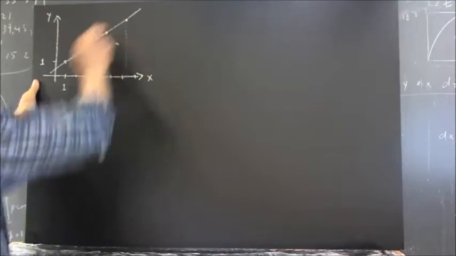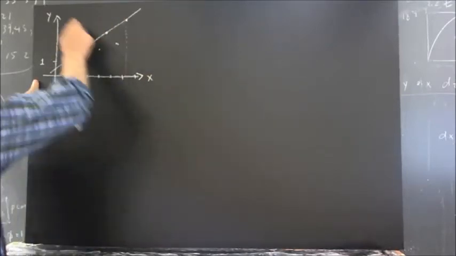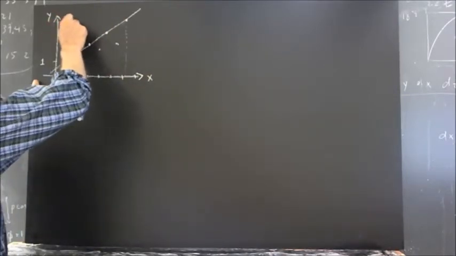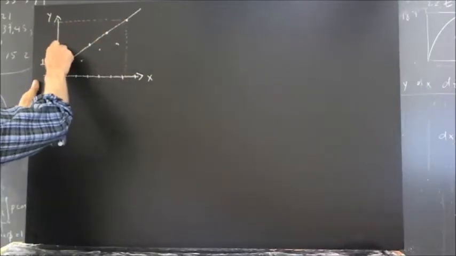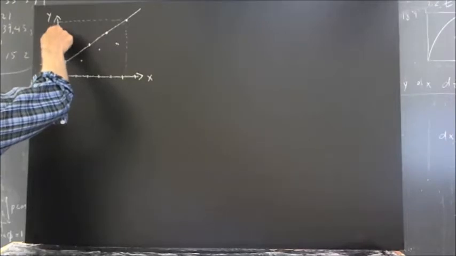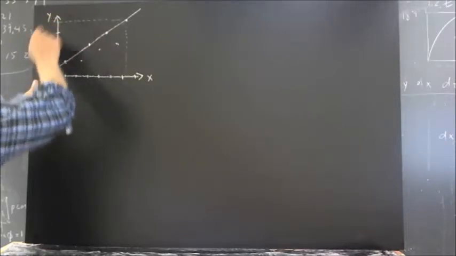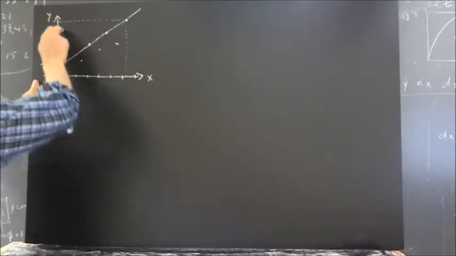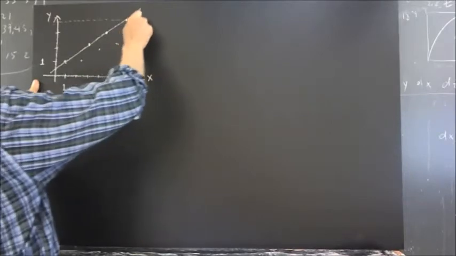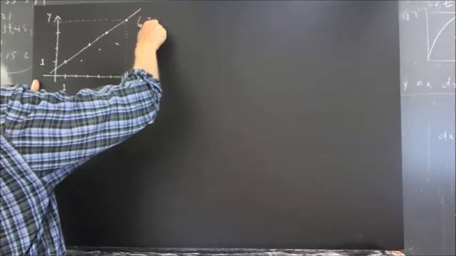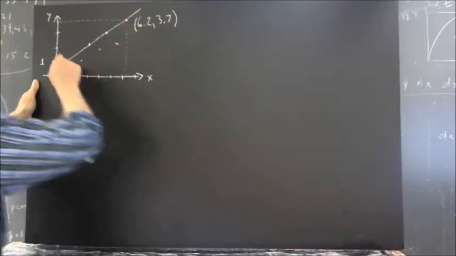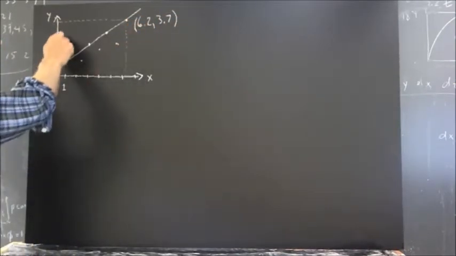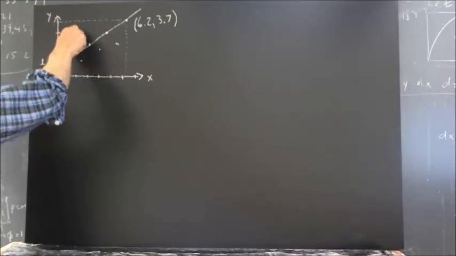It looks like this is about 6.2, and over here, if that's 1, then here's 2, here's 3, 4 would be up here. I'm going to say this is about 3.7. So let's just say this point is 6.2, 3.7. This point is 1, 1.